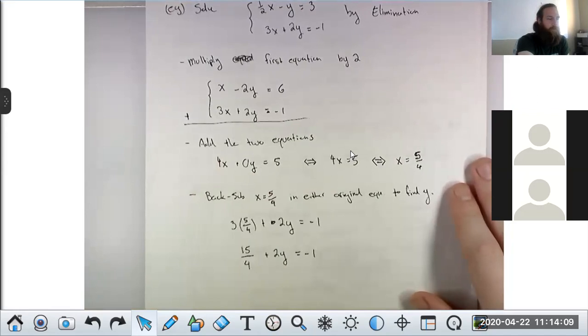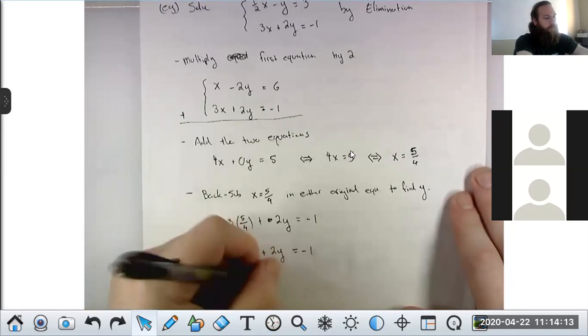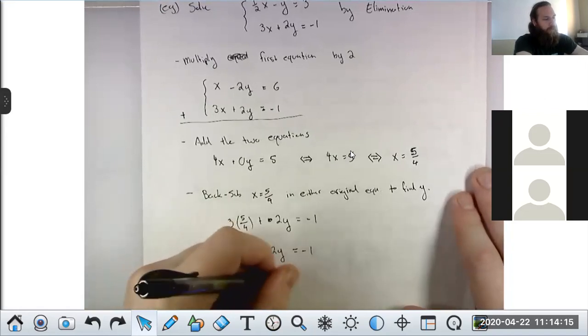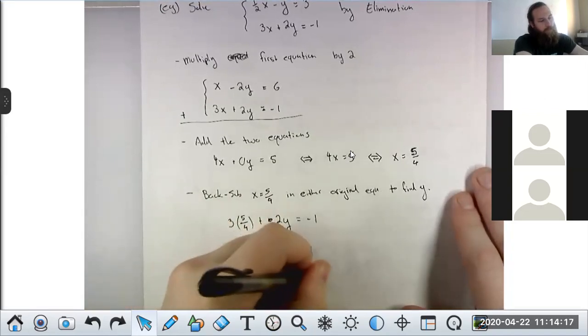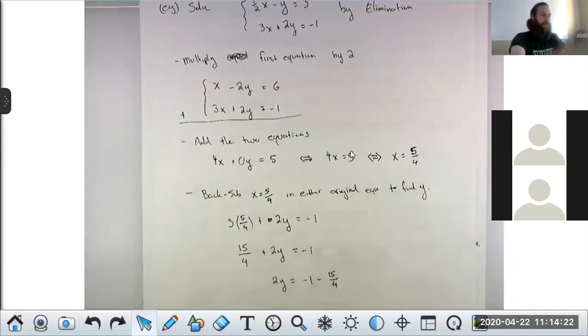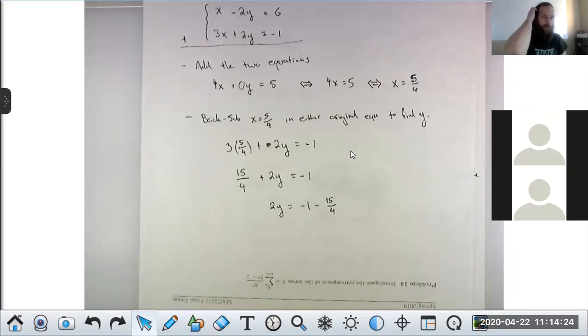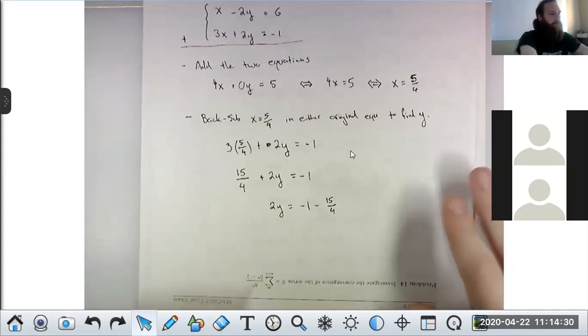And now to solve this for y, I would subtract 15/4 and then divide by 2. So this is the same as saying 2y equals -1 minus 15/4. And now to deal with those fractions on the right-hand side, I have to have a common denominator. -1 is the same as -4/4.